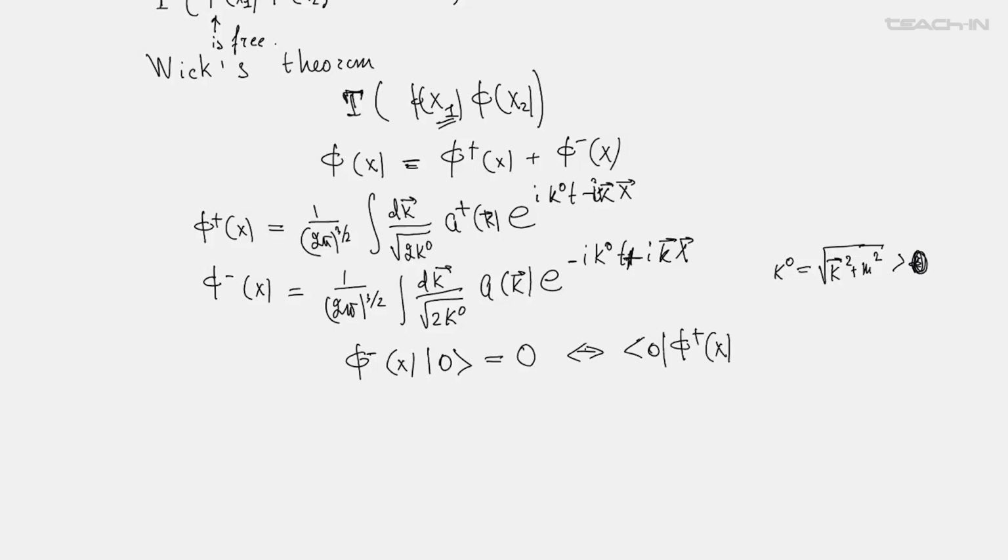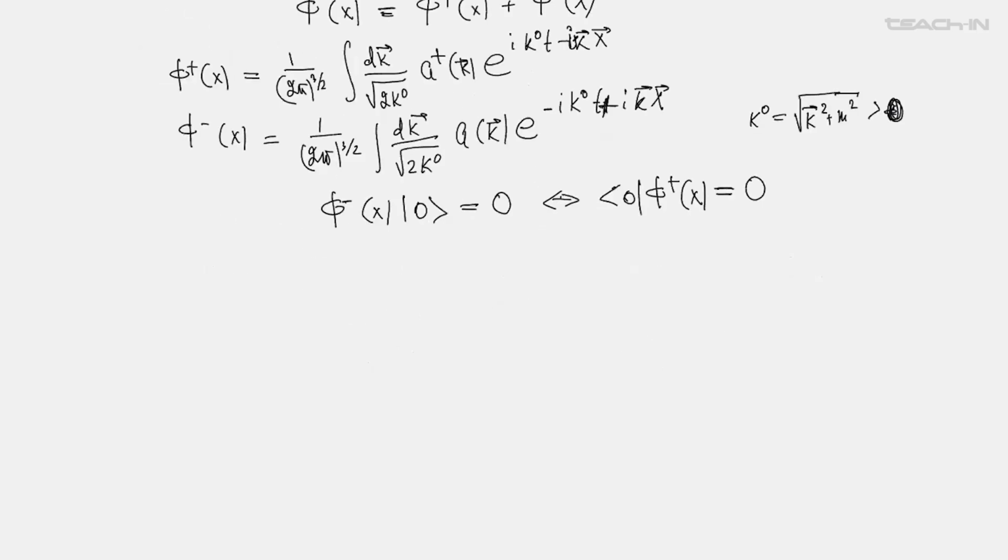Now consider the situation where x0, the time of the field depending on x, is bigger than y0, where y0 is the time variable of the field phi on y. Then the T-ordered product of phi on x and phi on y, in the vacuum. By the vacuum here, we mean the vacuum of the free theory. Of course.